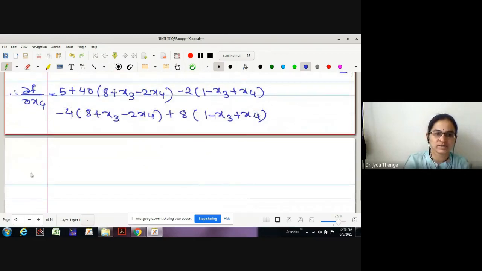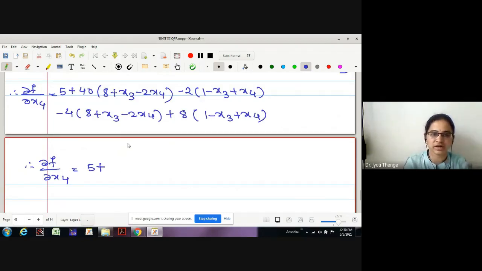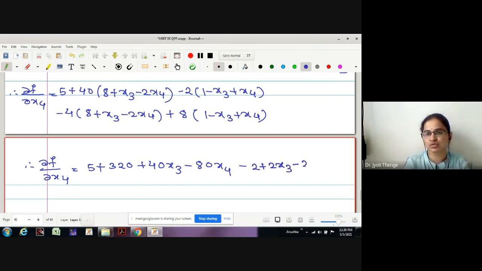Now let us simplify. 5 plus 4 is 32, 320 plus 40x3 minus 80x4 minus 2 plus 2x3 minus 2x4 minus 32 minus 4x3 plus 8x4 plus 8 minus 8x3 plus 8x4.